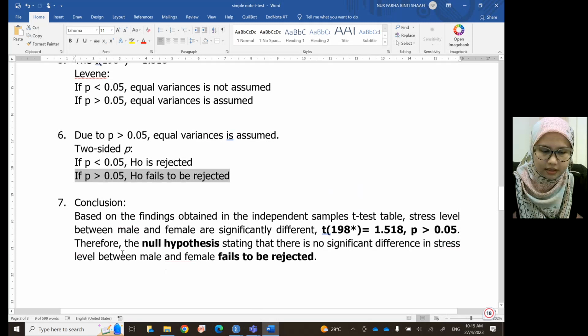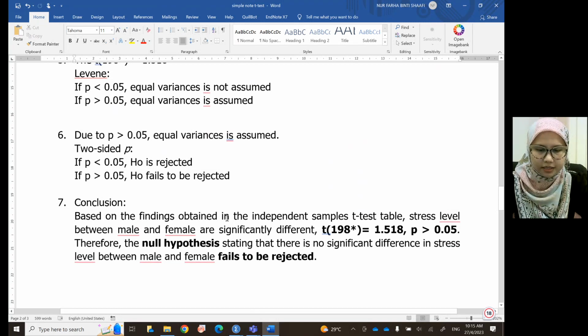So in your thesis, you need to report like this. Based on the findings obtained in the independent samples t-test table, stress level between male and female are not significantly different. Why?